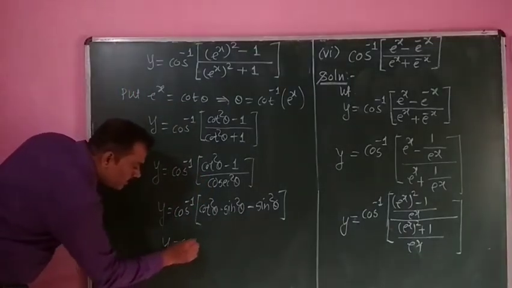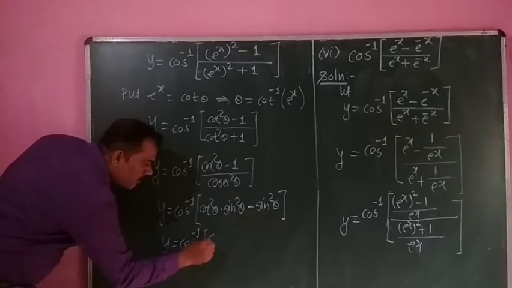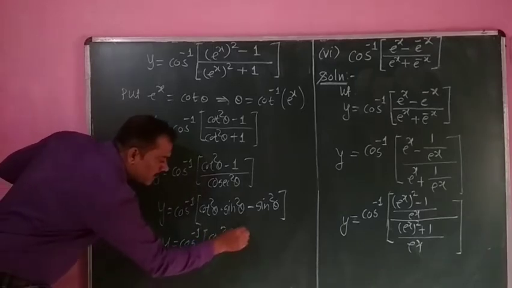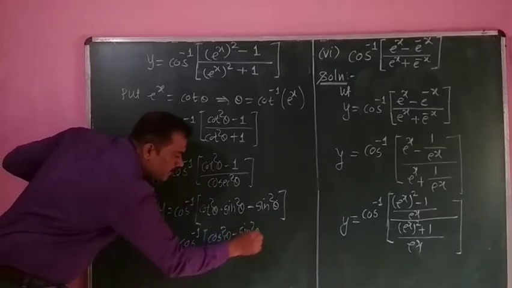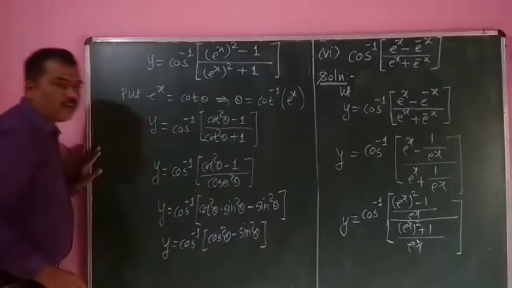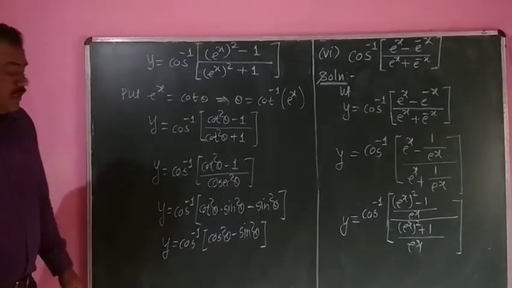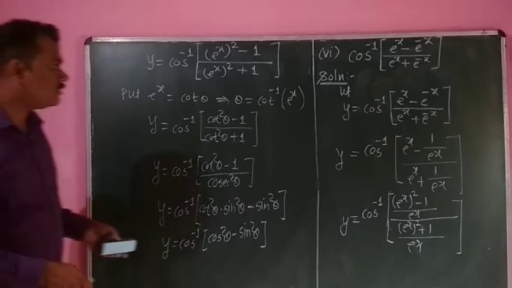That is, y equals cos inverse of (cos square theta minus sin square theta). We know the formula: cos square theta minus sin square theta is nothing but cos 2 theta.